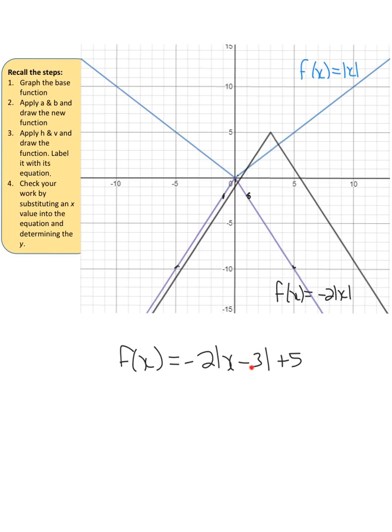So here h is 3, so we're going 3 units to the right. V is 5, so we're going 5 units up. So we'll take that origin, and we'll go 1, 2, 3 to the right, and then 1, 2, 3, 4, 5 up. So that's our new point. Then we'll take this point 1, negative 2, and go 1, 2, 3 to the right, and 1, 2, 3, 4, 5 up. So we have that new point.